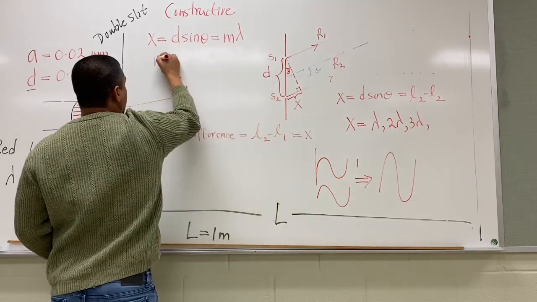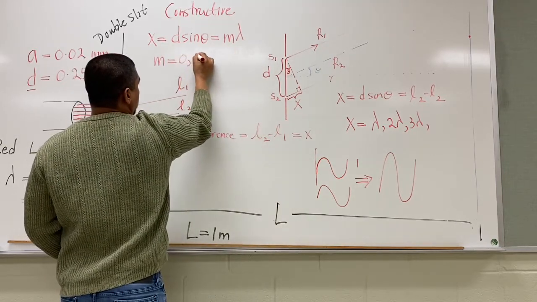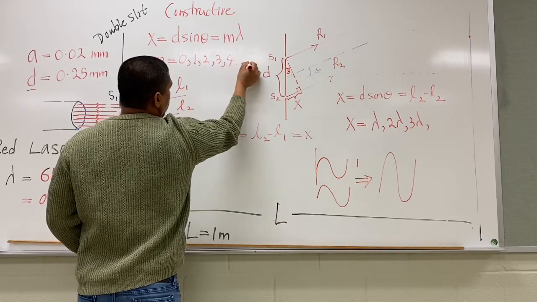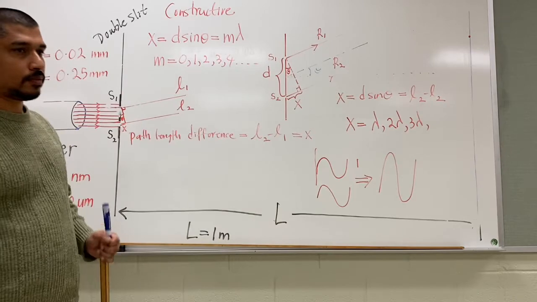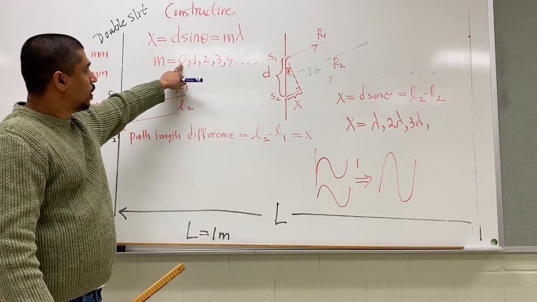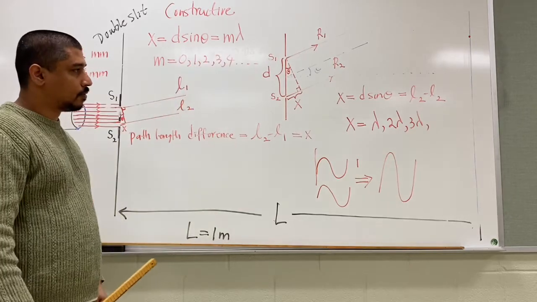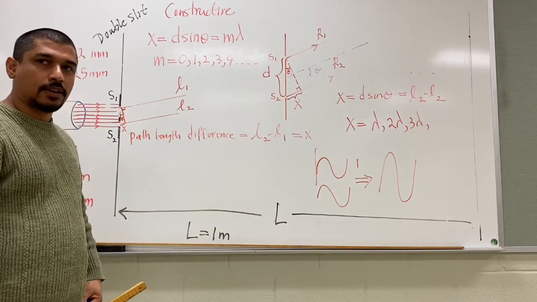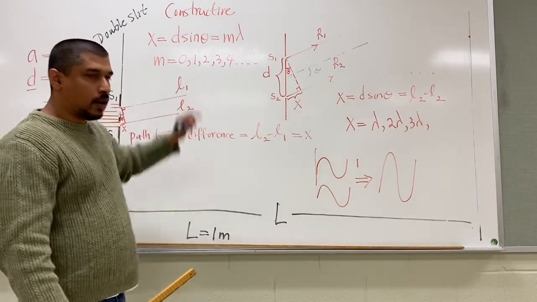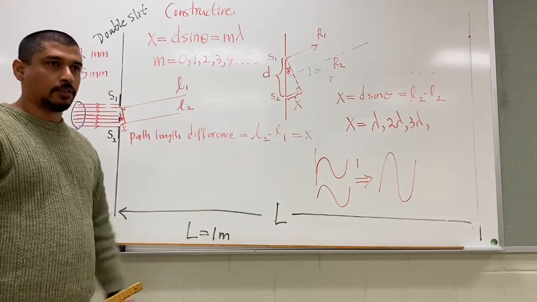M is an integer. M can have all these values: 0, 1, 2, 3, 4, up to all the integers. When m equals 0, there's no path length difference. Then you have the central maximum. When m equals 1, you have the first maxima.